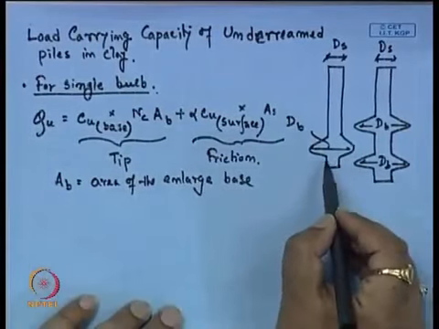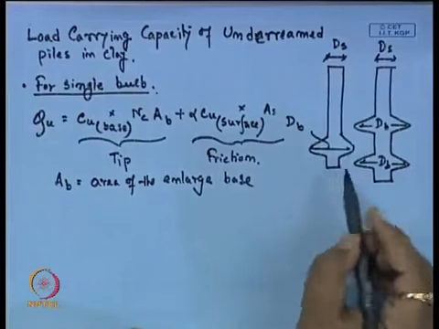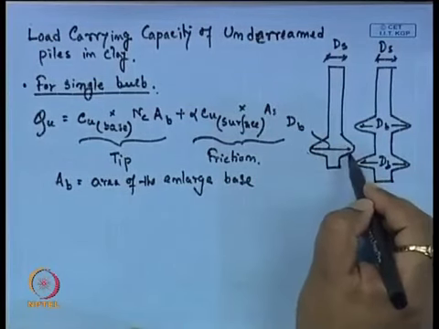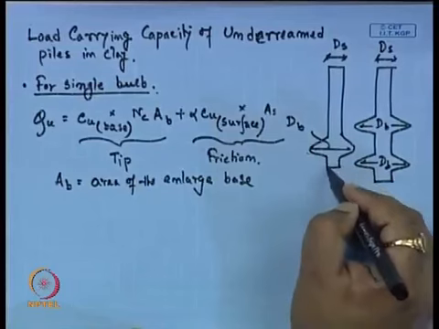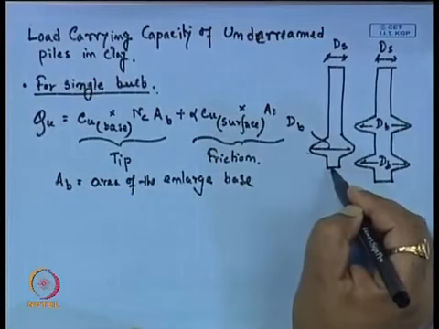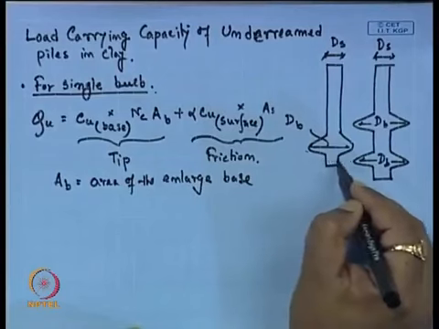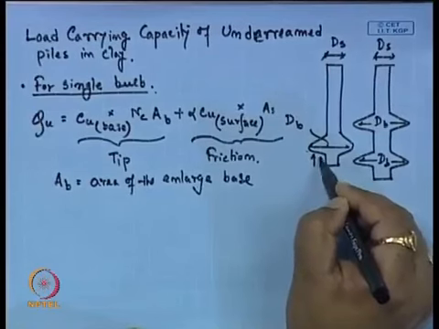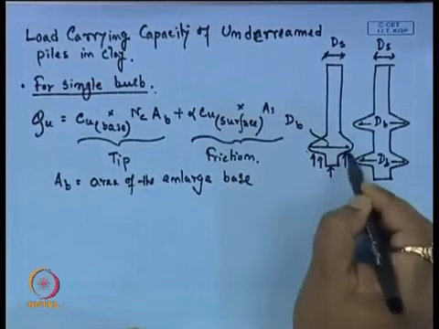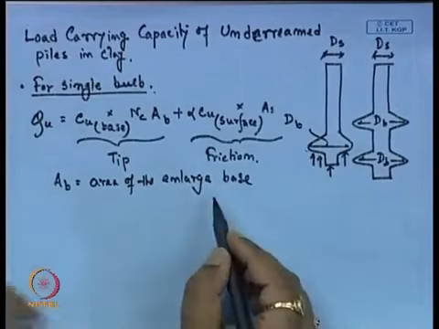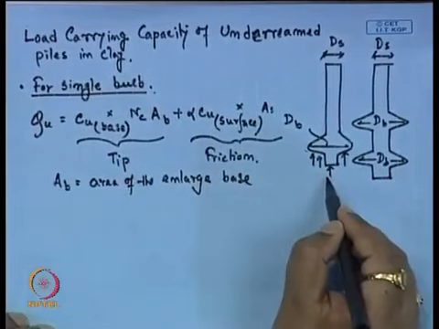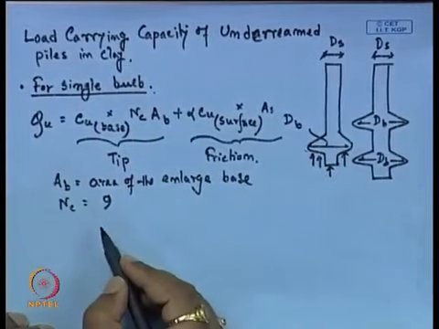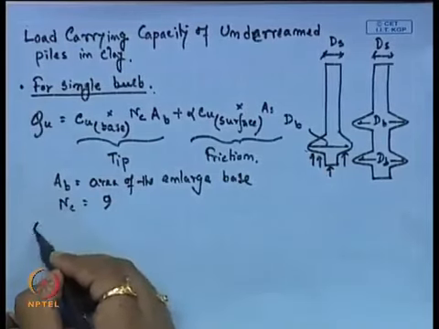If this bulb is very close to the tip of the pile, then we can consider the area of the base as basically the area of this enlarged portion. We can neglect this portion's resistance, and the tip resistance is basically in this portion, which is the area of this enlarged portion, and Cu is the cohesion at this base level. Nc is taken as 9 as I mentioned.